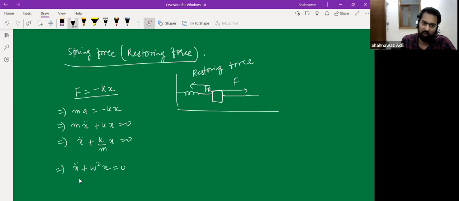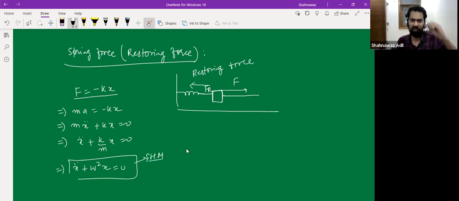This follows a simple harmonic motion. You have already learned this, where omega square is the angular frequency.